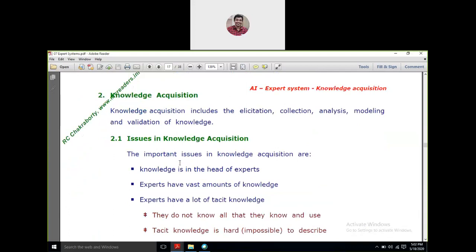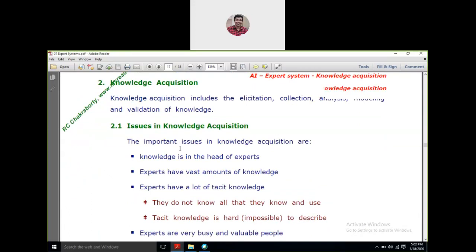Now comes the most important part of the development of an ES module or an expert system module. It is the knowledge acquisition part. What is this knowledge acquisition? Knowledge acquisition, in very layman's terms, is acquiring knowledge or collecting knowledge, right? So knowledge acquisition includes elicitation, collection, analysis, modeling, and validation of the knowledge.